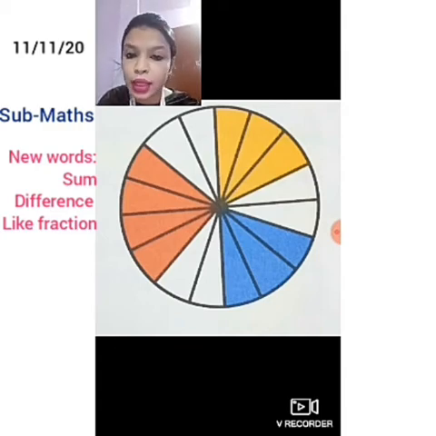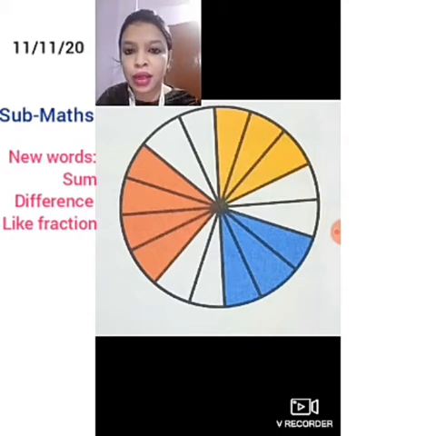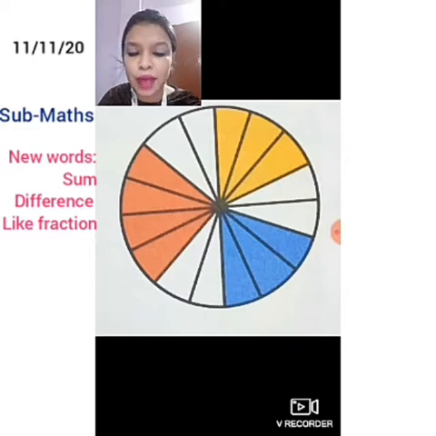We know that the total number of equal parts is 16. You can count from one side: 1, 2, 3, 4, 5, 6, 7, 8, 9, 10, 11, 12, 13, 14, 15, 16. I counted and got 16. You can also count from your side and find out how many equal parts the circle has been divided into.